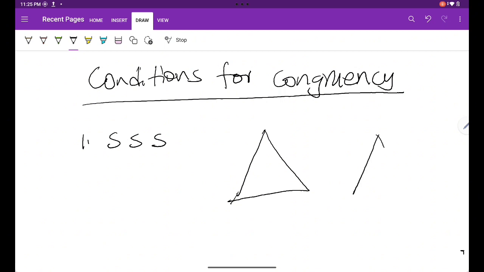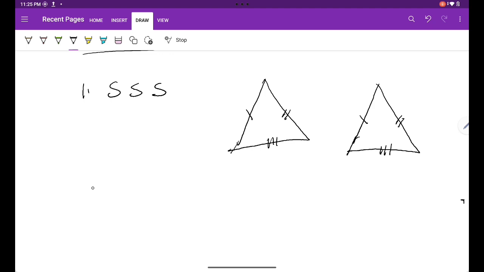If we have two triangles and we are able to prove that this side equals this side, and this side equals this side, and this side equals this side, then we can conclude that the two triangles are congruent, meaning we can conclude that even the corresponding angles are equal. That's why we say we only need to prove that the sides are equal, then the angles follow automatically. So this condition is side, side, side.